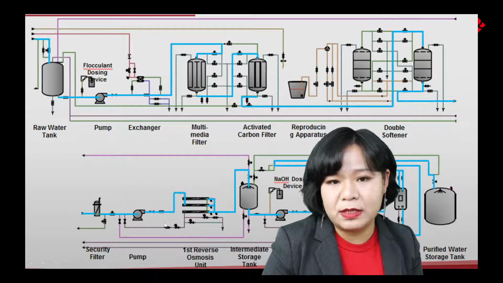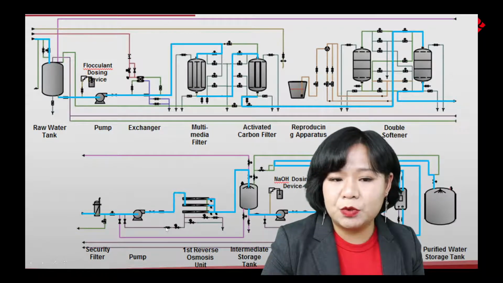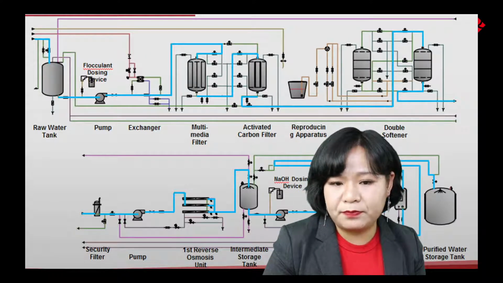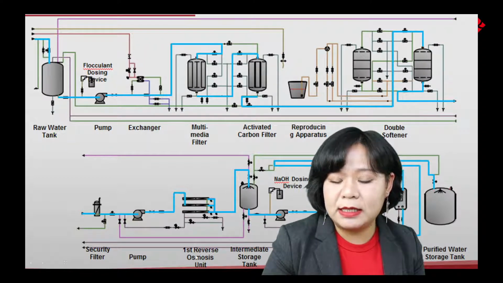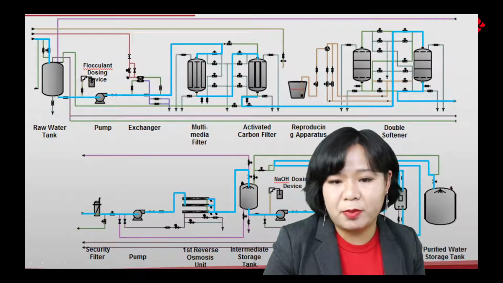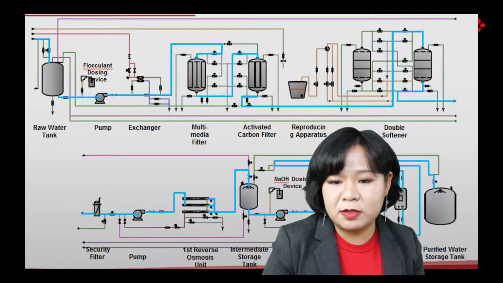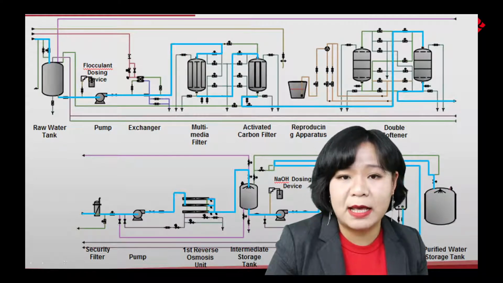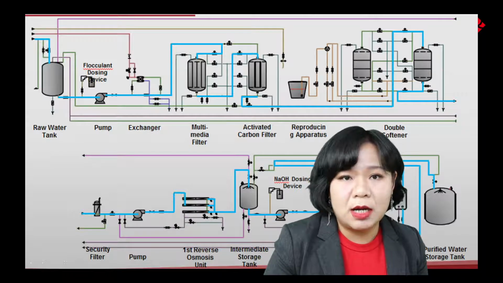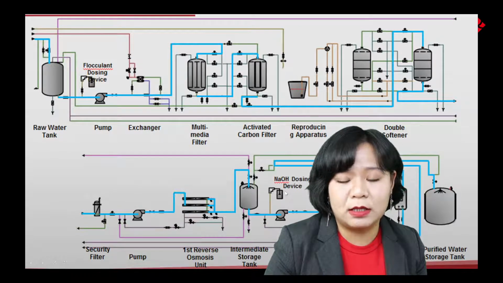And then we use a high pressure pump to feed the water into our membrane. There are different levels, and you can see there are first and second membranes. The number of columns and the capacity of the first and second membranes depend on your production water capacity and also the efficiency for it.